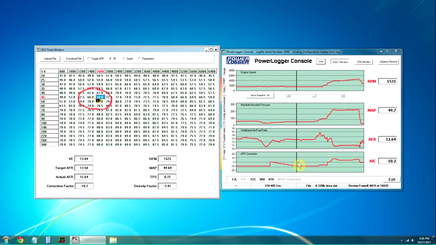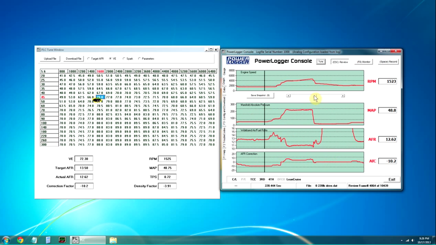So in this case, if we want to lean that whole area out, we would go to this part of the table and reduce all the numbers, and you might tweak some of the cells around it so that it blends in nicely.